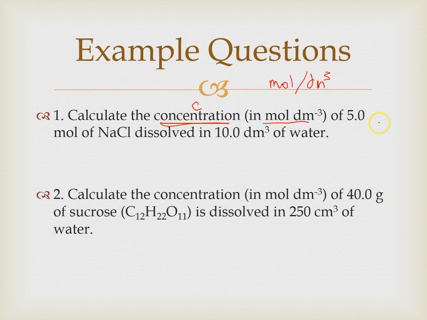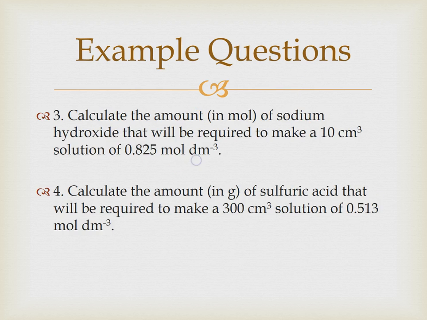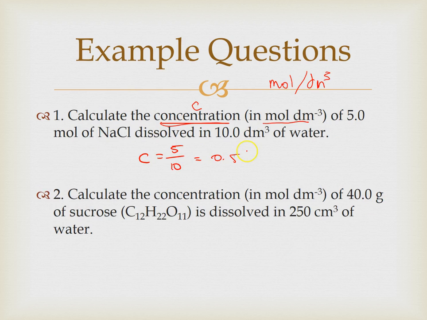This question says I have 5 mole of sodium chloride dissolved in 10 decimeters cubed, so C is going to be equal to 5 divided by 10, which is going to be 0.5 moles per decimeter cubed.